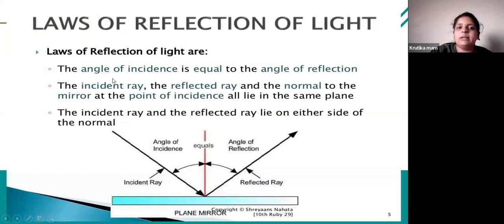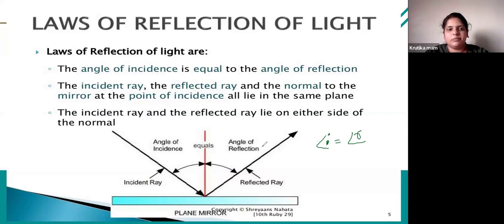The first law says that the angle of incidence is equal to the angle of reflection. We denote angle of incidence as I and angle of reflection as R. In the figure, the plane mirror, the incident ray, the reflected ray, the angle of incidence, the angle of reflection, and the normal drawn are all visible.